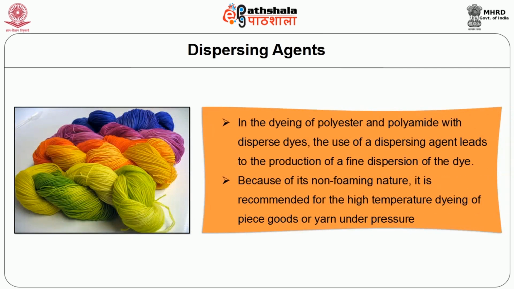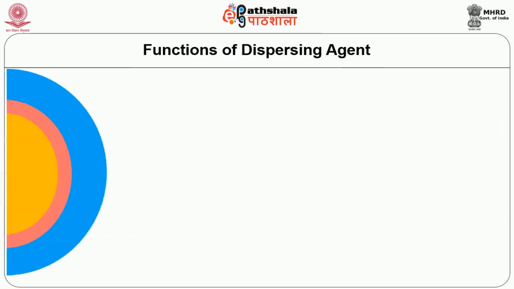In the dyeing of polyester and polyamide with disperse dyes, the use of a dispersing agent leads to the production of a fine dispersion of the dye. Because of its non-foaming nature, it is recommended for the high temperature dyeing of piece goods or yarn under pressure.